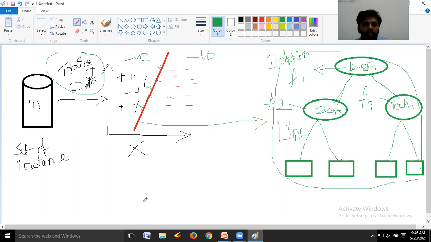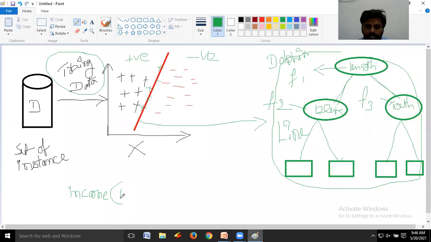Similarly, in the rule model also, we are forming rules like this. Suppose we take a loan decision. To consider the loan decision of a person, we are considering the income of the person. Here income is one feature.